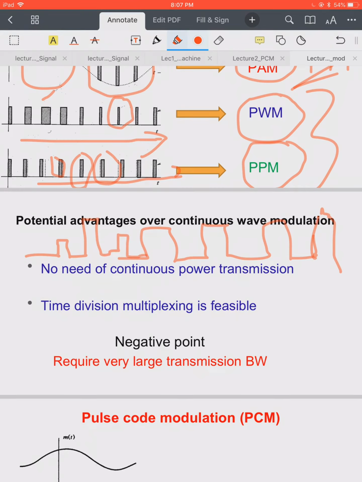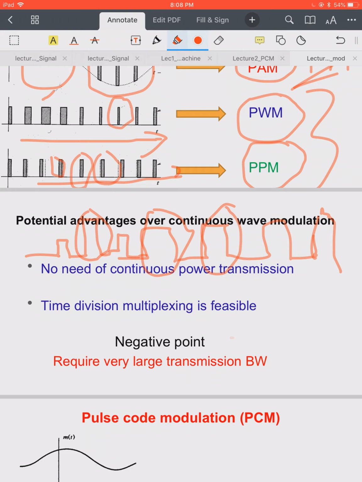You can see that the transmitted power is concentrated in this burst region, where the magnitude is finite, and the rest of the time it has very low magnitude, 0. So there is no need for continuous power generation in a pulse modulation system. This is the first advantage. And the second advantage is that in a pulse modulation system, multiplexing is possible, particularly time division multiplexing is feasible.